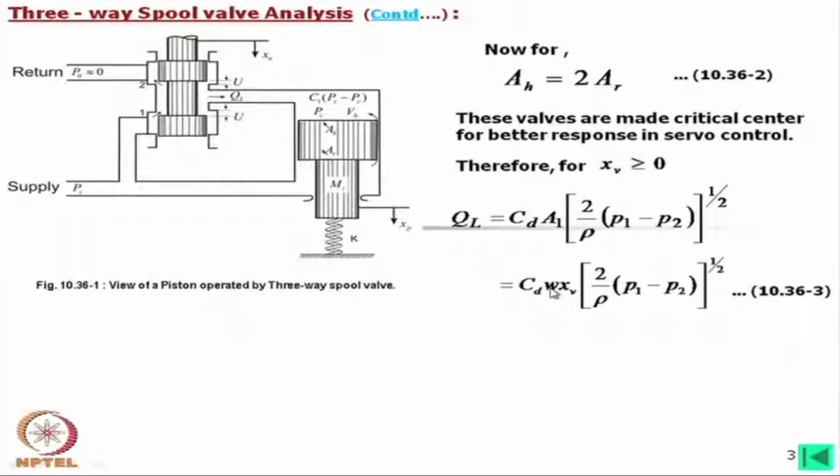W is the periphery of this spool, you can say, this spool length. This diameter, pi into this diameter, will give W. Now, this means that we are considering the rectangular port. Now, W is written like this, if you remember, in general terms.